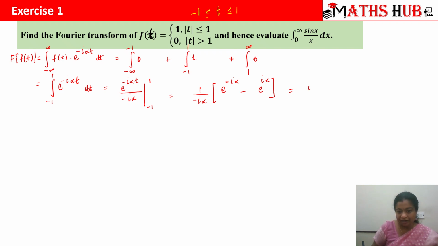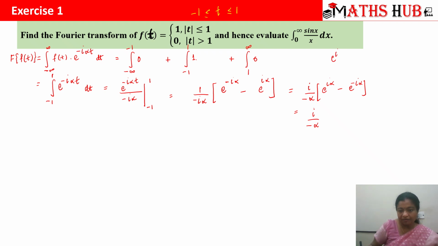So I will get i by i square, which becomes minus alpha, and this minus sign is adjusted, and it becomes e to the power i alpha minus e to the power minus i alpha, right? So this is i by minus alpha into what is e^(i alpha) minus e^(minus i alpha)?